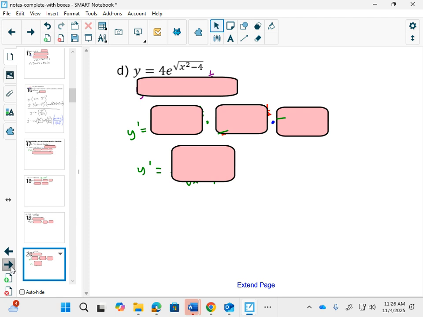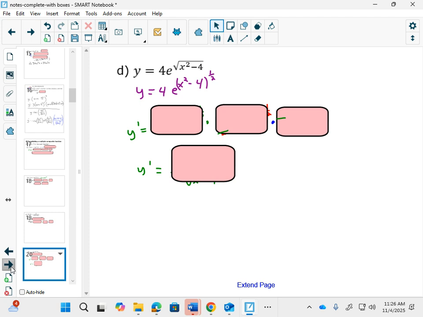Preliminaries. I see a square root. I'm going to change that to a half. I find the exponent one sometimes the hardest to see. What's inside of what? What is the most outside function here? The half exponent is not the most outside.